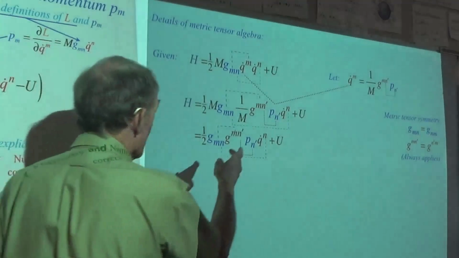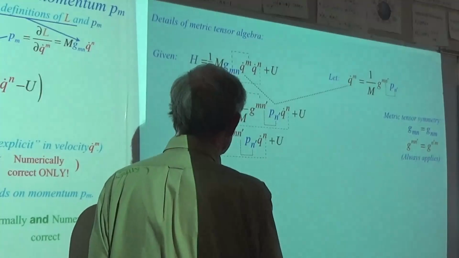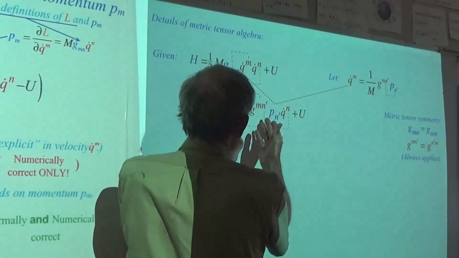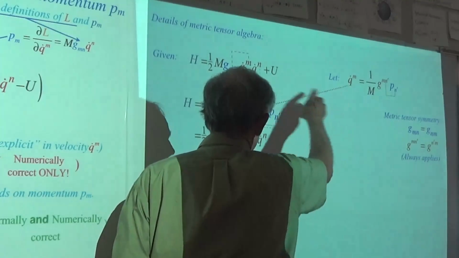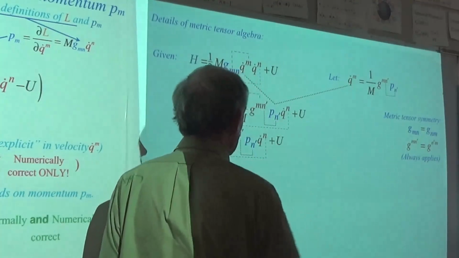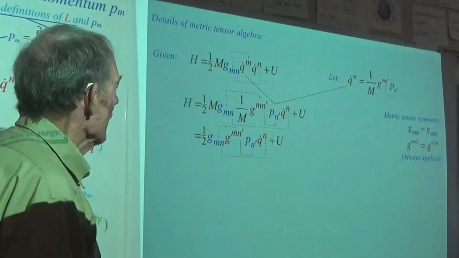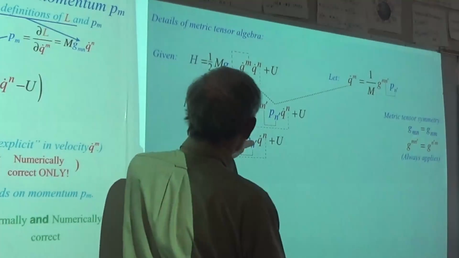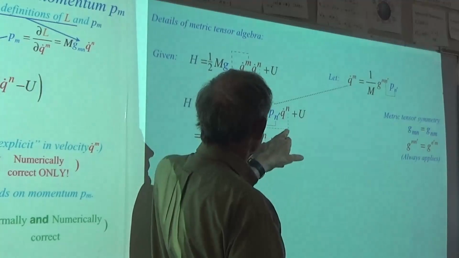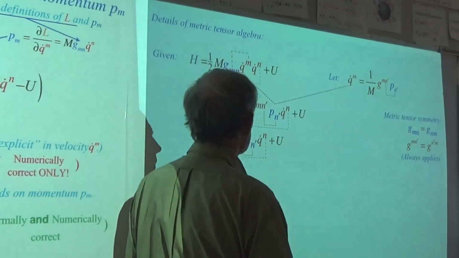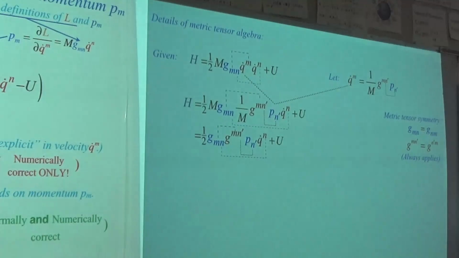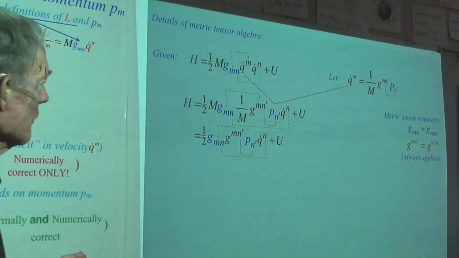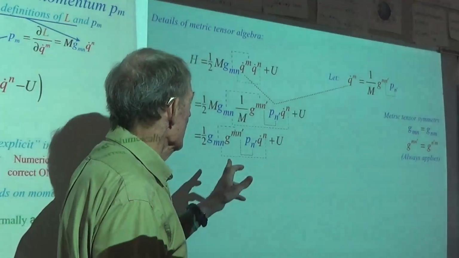So I've got a few of those in there. When I take this thing aside and stuff it into here, it makes it clearer where things are, because now there's a big space between that index and this index that have to be summed over, the covariant and contravariant indices, with a sum over whatever the number of degrees of freedom is.